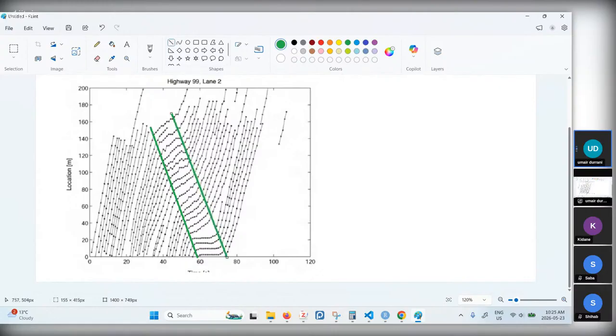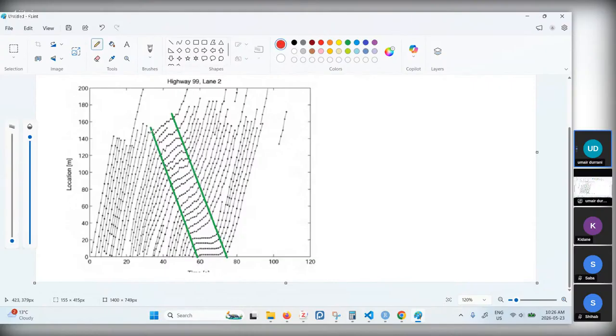So these two lines are the boundaries of the stop and go waves because before the first line here, upstream, the speeds were higher, then they slowed down, and then their speeds increased again. So these are the two boundaries. If we estimate the slope of any one of these two lines, that will tell us what is the propagation speed. Because again, this is distance on the y-axis and time on the x-axis.